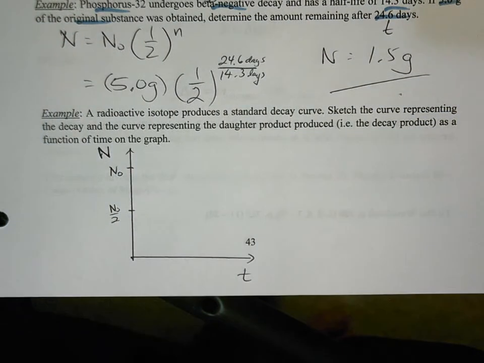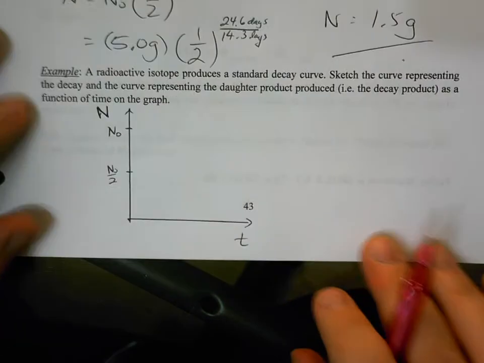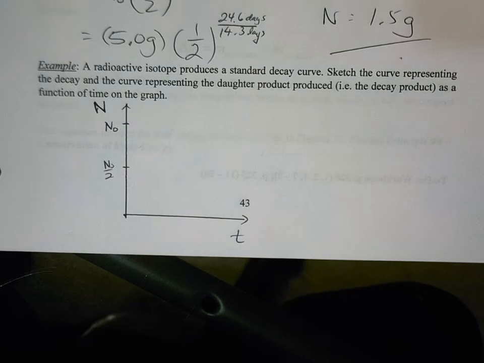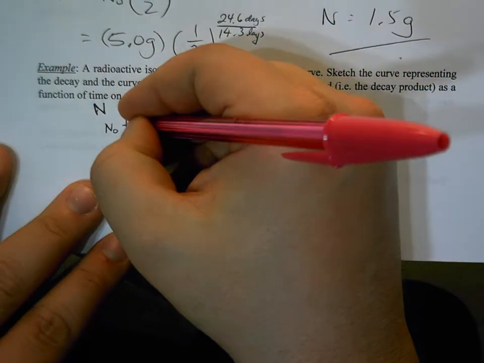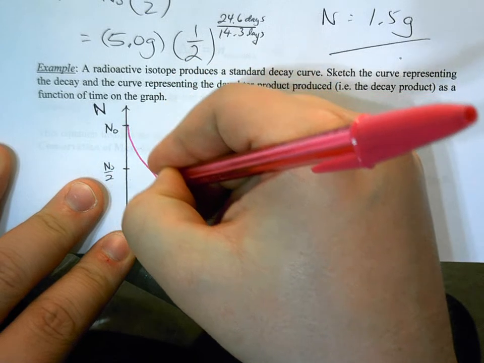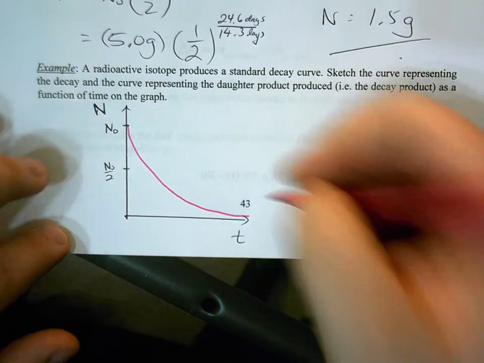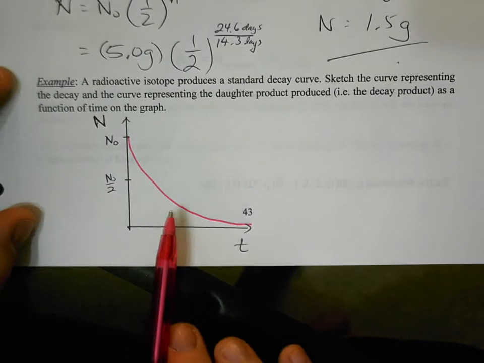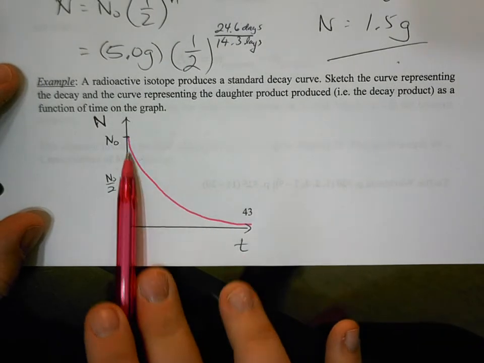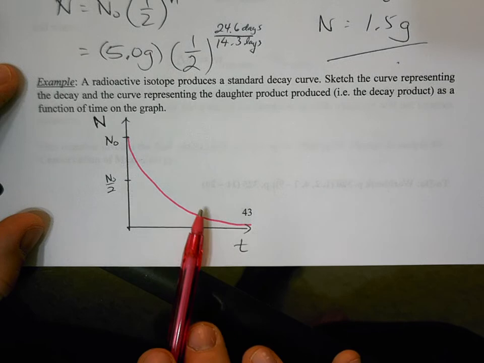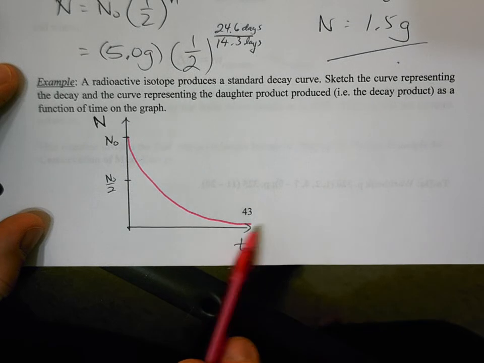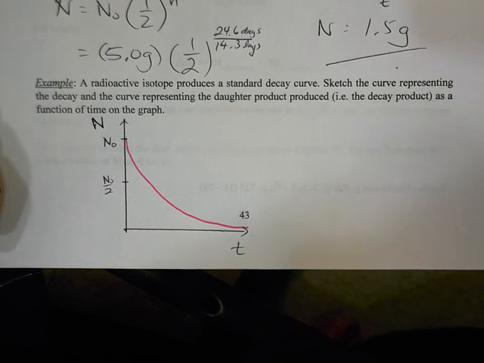Now our standard decay curve, if we're looking at our original product, is going to be an exponential decay, so it's going to look a little something like this. We're going to decay, and then we're going to approach the line of N equals 0. But as you know from Math 30, exponential functions will not cross this axis. It'll approach as close as possible, but never cross. This is what we refer to as an asymptote.